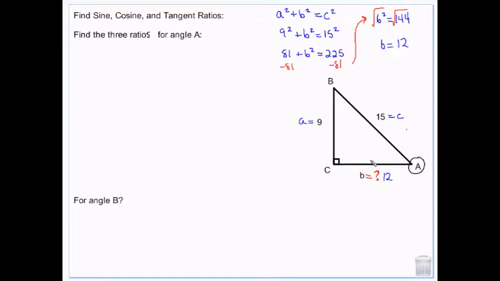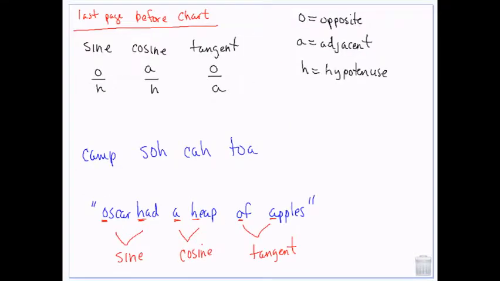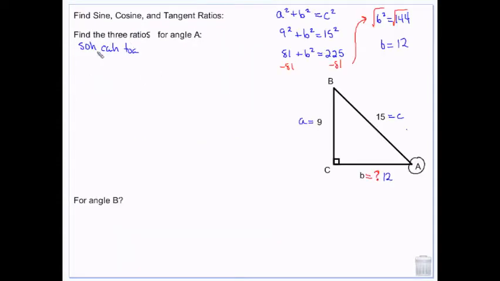We have to have all three sides to be able to find the sine, cosine, and tangent ratios. So do you guys like Sokotoa? Sine is opposite over hypotenuse. So the sine of A is opposite over hypotenuse.